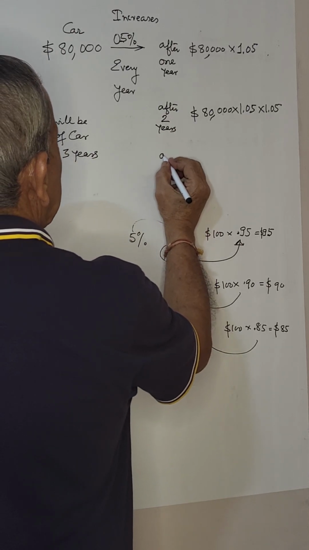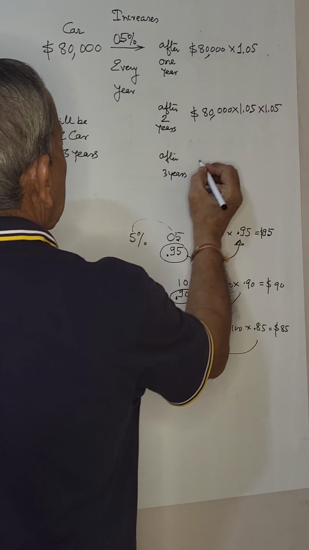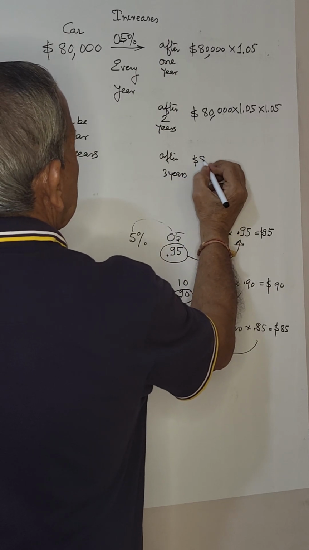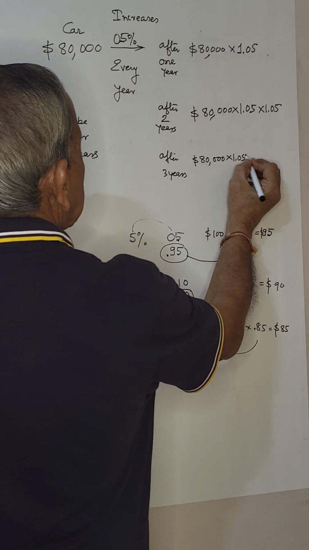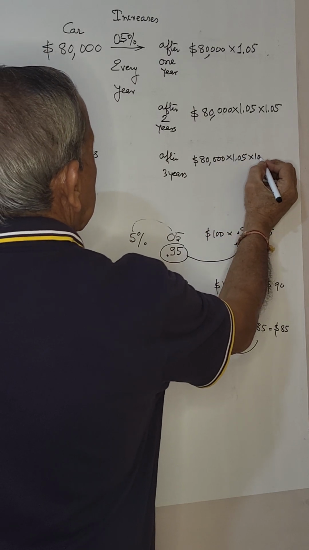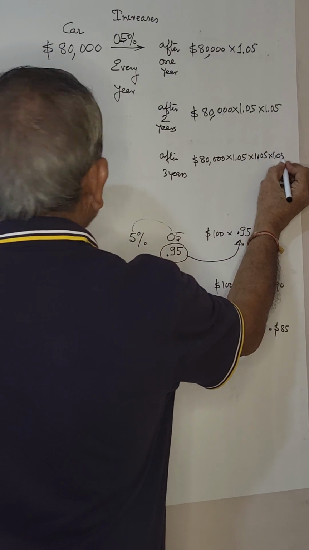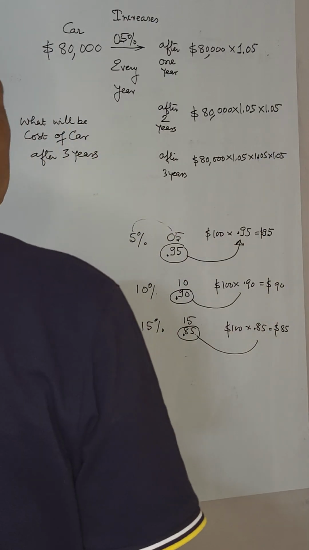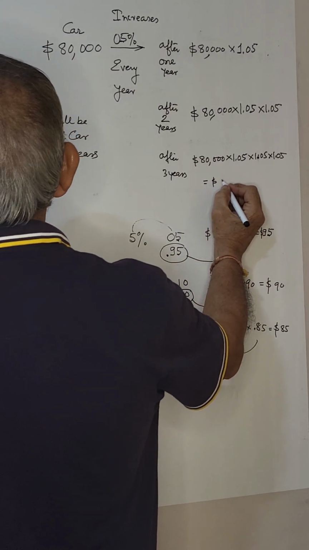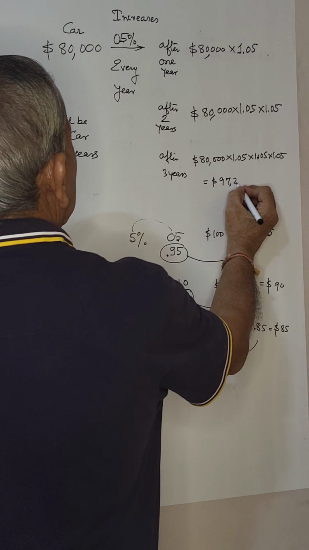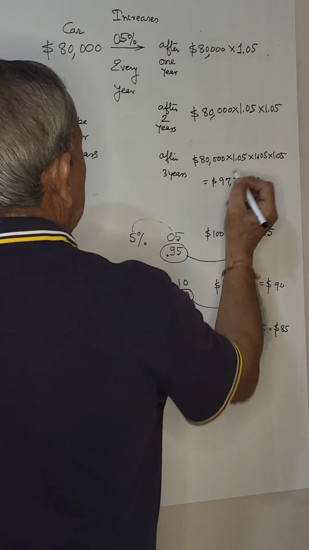After 3 years, the cost will be 80,000 into 1.05 into 1.05 into 1.05, and on calculating we will get $87,240.50. This will be the answer.